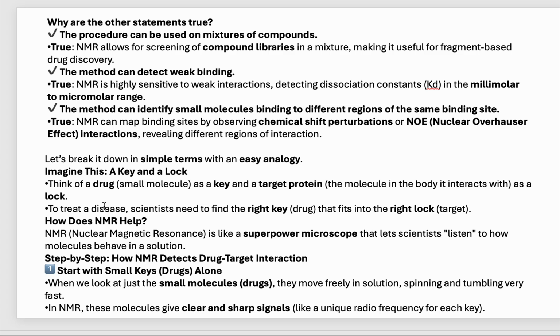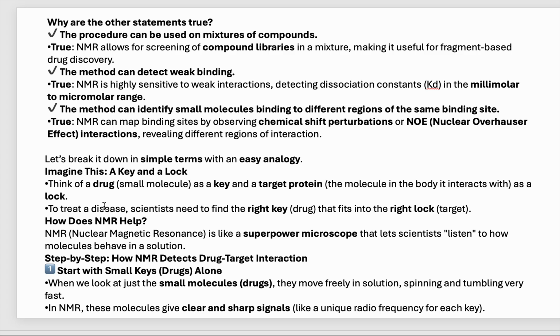Think of a drug, the small molecule, as a key, and the target molecule as a lock. In order to find the cure, to find a proper drug, you need to have the right key for the lock. So how does that help?